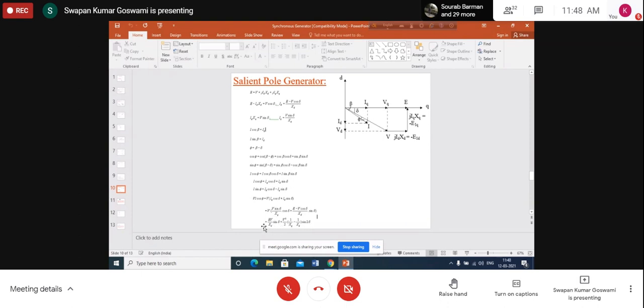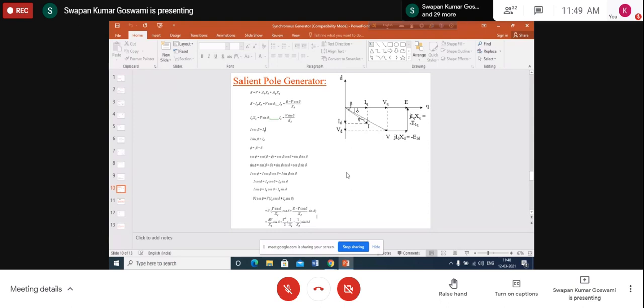This sine delta component is exactly the same as the cylindrical rotor machine, but here this is somewhat different. How it is different? You see that with half cycle of sine delta component, there are full cycle of the sine 2 delta component.